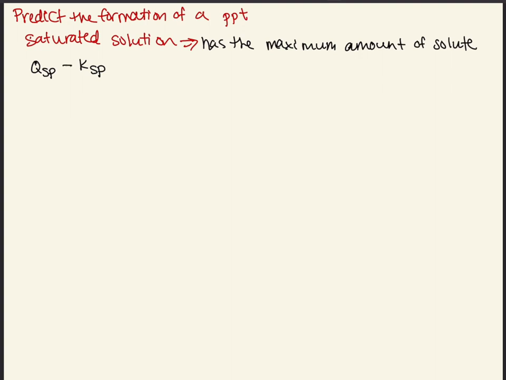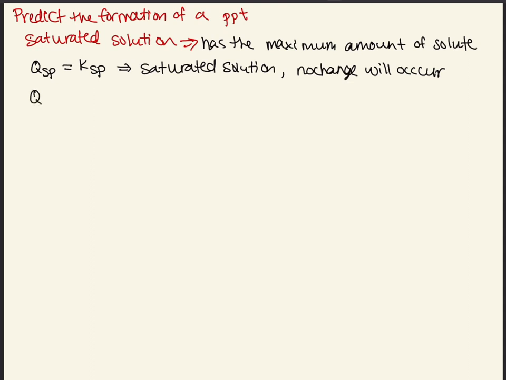When Q is equal to K, it means that we have a saturated solution, and no change will occur. Just like before, when Q was equal to K, it meant we were at equilibrium. That's what we have here.